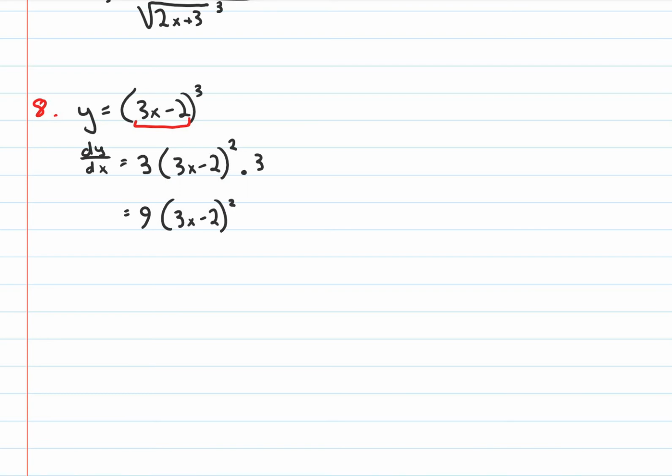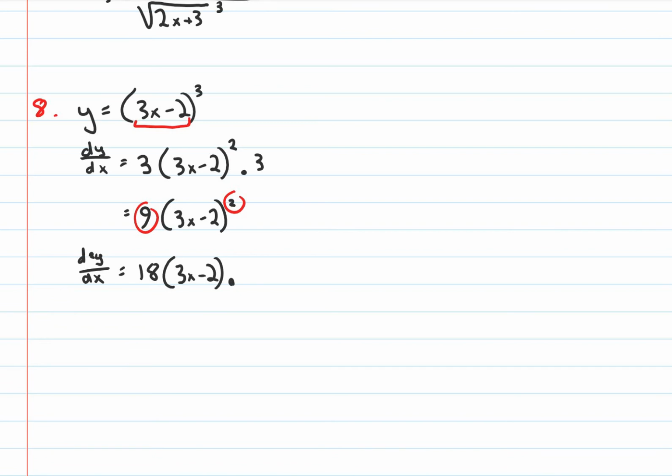So that's differentiated once, and then differentiated the second time. 2 multiplied by 9 is 18. (3x minus 2), and then reduce the 2 by 1, which is 1. We don't have to write in 1.